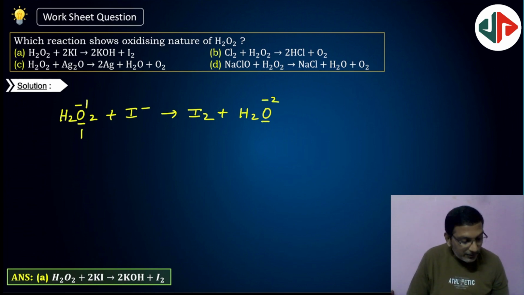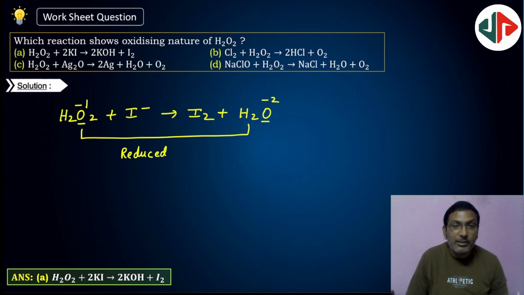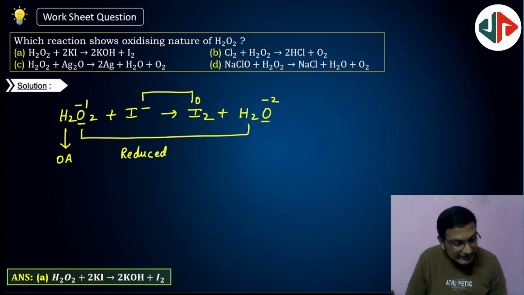So therefore H2O2 is reduced. Therefore, it acts as oxidizing agent. So here I minus to I2. I2 means 0. Minus 1 to 0, oxidized.